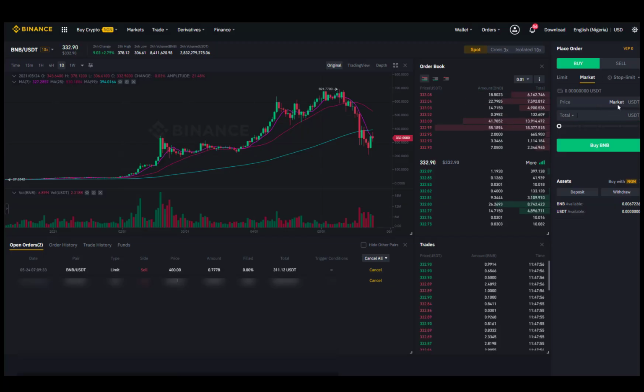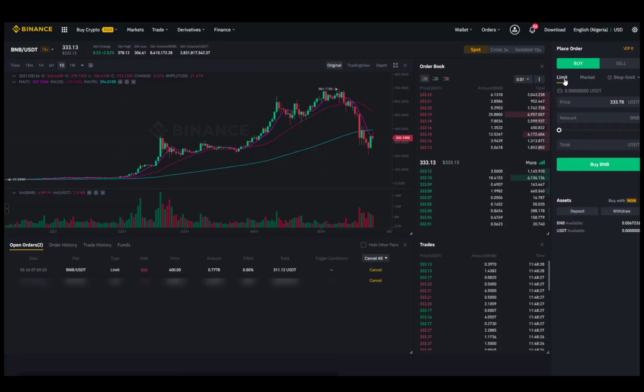Now, market execution is simply you saying you're comfortable with the price of BNB and you wish to purchase BNB right now. Okay, so let's assume you want to purchase $100 worth of BNB. Okay, it would buy BNB at the current market price of 333.16 or whatever the real floating price is. Okay, you can buy for $10, $20, $1,000, whatever the case may be.